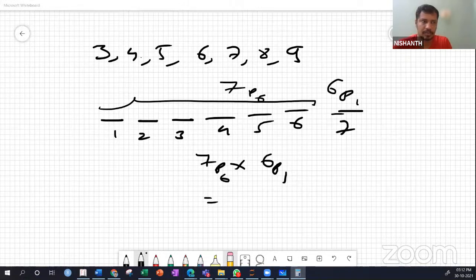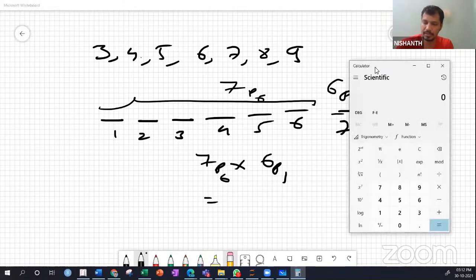7P6 means 7 into 6 into 5 into 4 into 3 into 2, into 6.